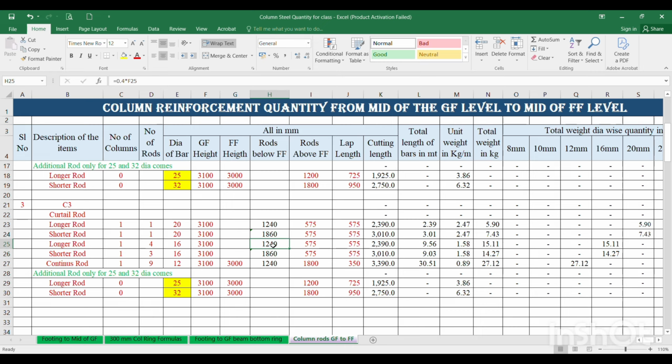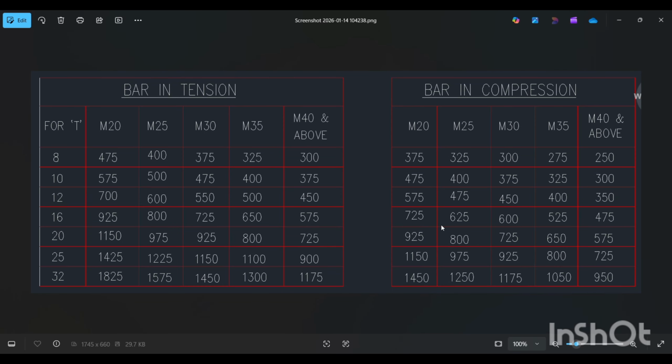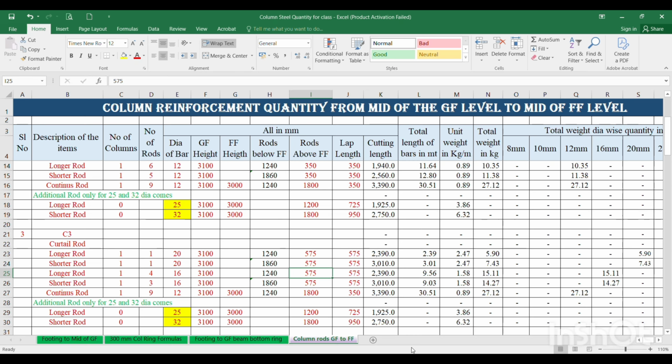Then rod below ground floor is 0.4 and 0.6 of ground floor height, and the lap length for the 16 dia is 475. This 475 has to be entered for the rod above first floor level, and the lap length is also 475.